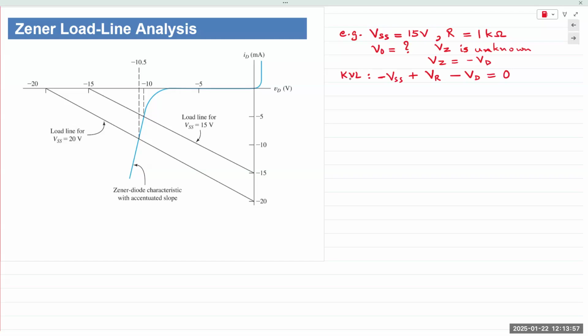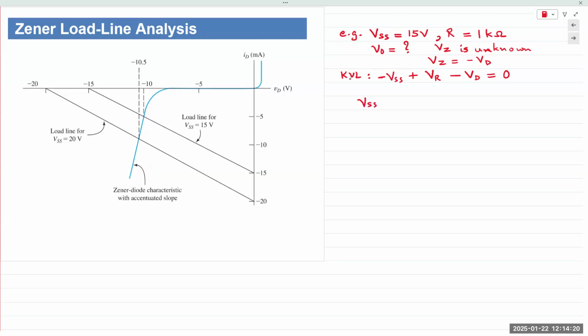Now, I always make it a point to state, if you have a preferred method of applying KVL, do not be forced to do what I am doing. I don't force students to do the exact same method that I do. Everybody has their own preferred way of applying KVL. So if you know something that works for you, just stick with it.